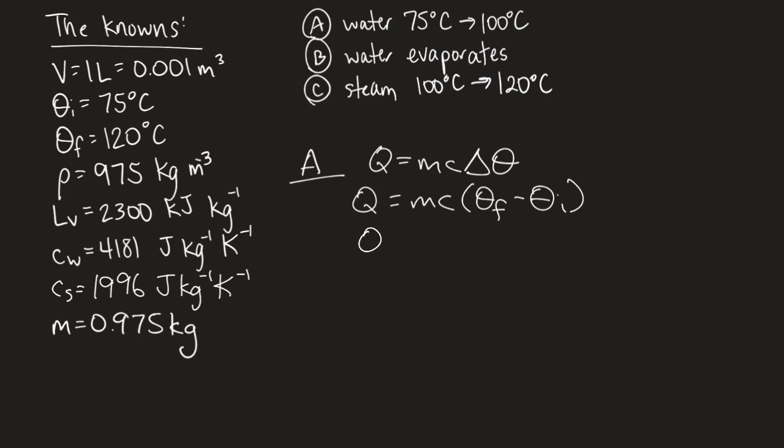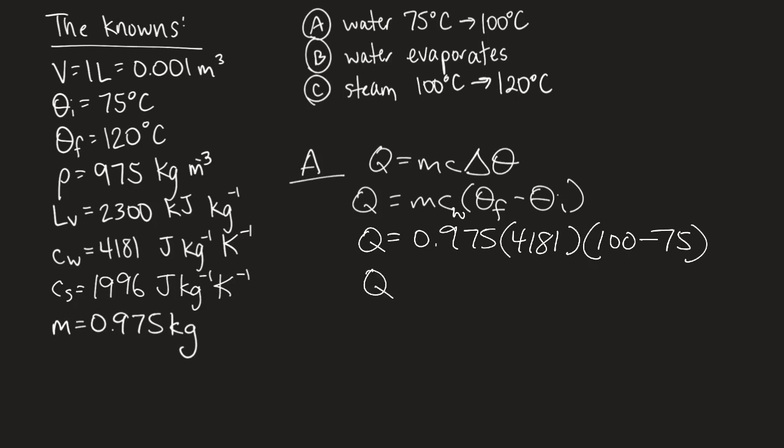So when we substitute our numbers in here, we've got the mass times our specific heat capacity of water. This one we're specifically looking at the water being heated up. So 4181 times our final minus initial temperature.